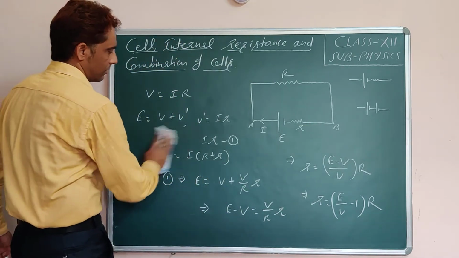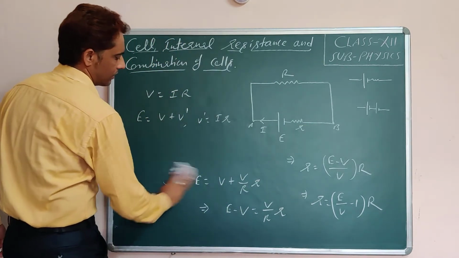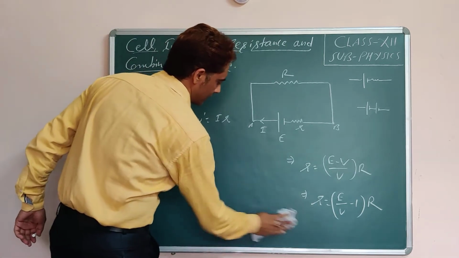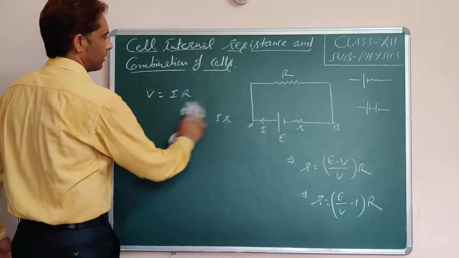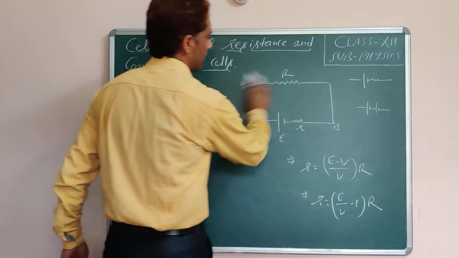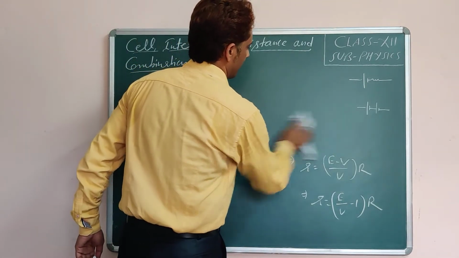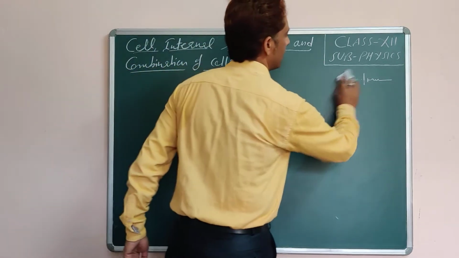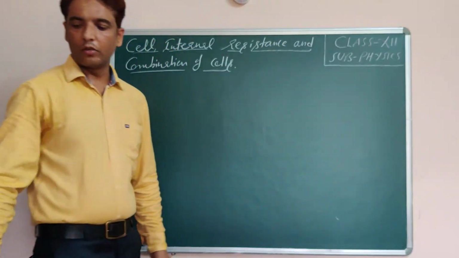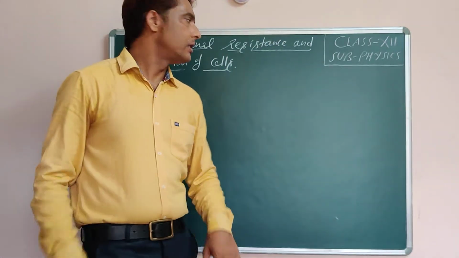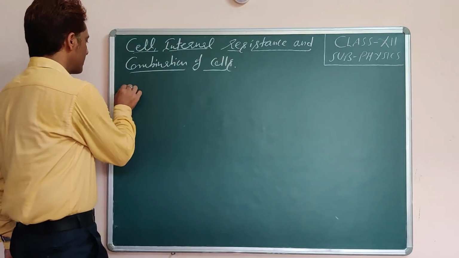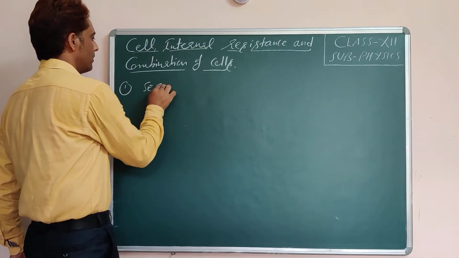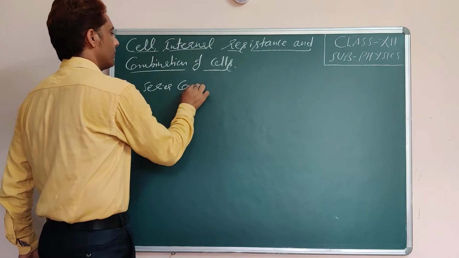Now let us discuss the combination of cells. So cells can be connected in series or in parallel. So we discuss the combination of two cells. So first, series combination.